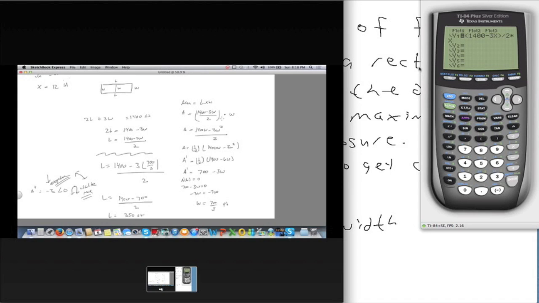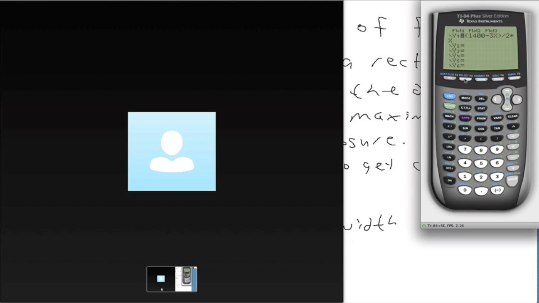There's nothing on my window. Right. That's because the numbers are too big to fit. So we need to go to our window menu and adjust. So what would be a good x min? Like 500. Sorry, -500. Well, x is a length, right? Oh, 0. So 0 would be a good place for that.